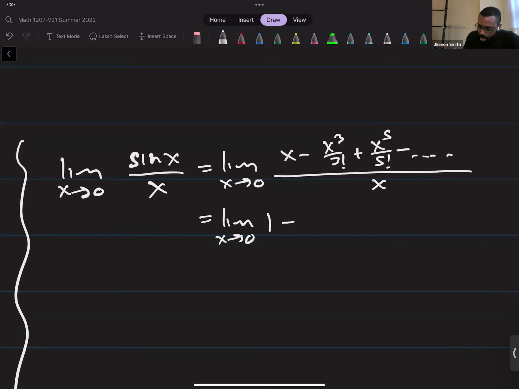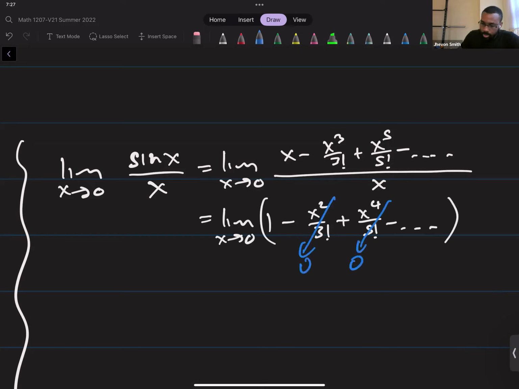Divide x into everyone, that's 1, minus x squared over 3 factorial plus x to the 4th over 5 factorial. And clearly now, if you plug in 0 everywhere, look at that. You rederive the fact that that's 1.